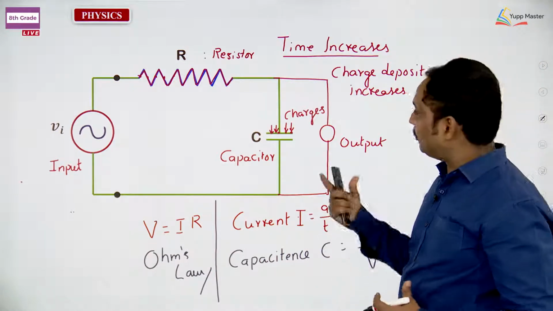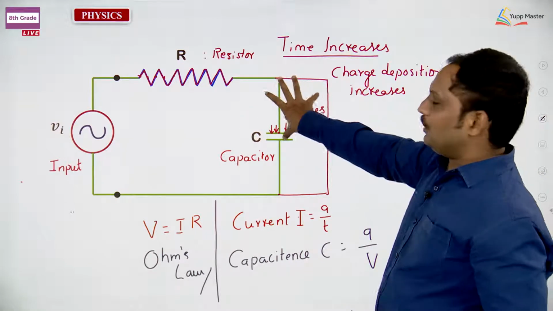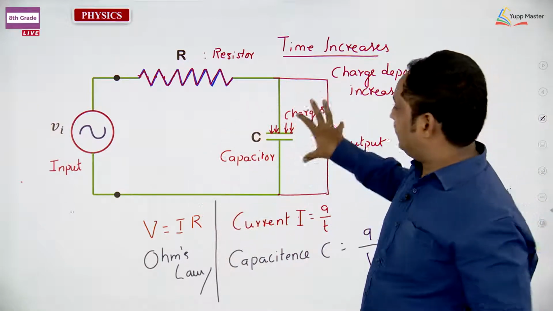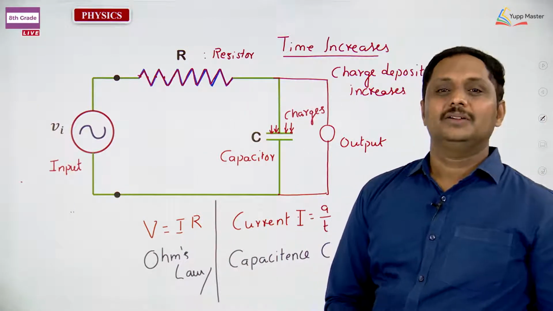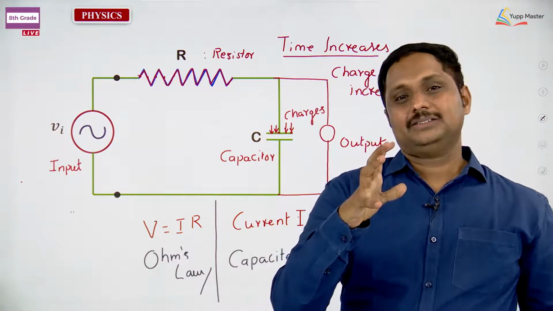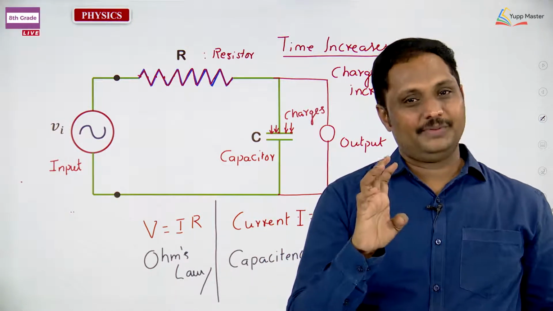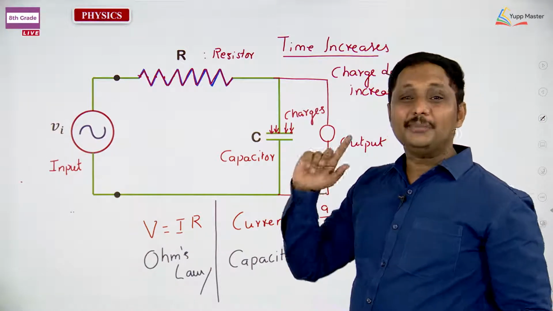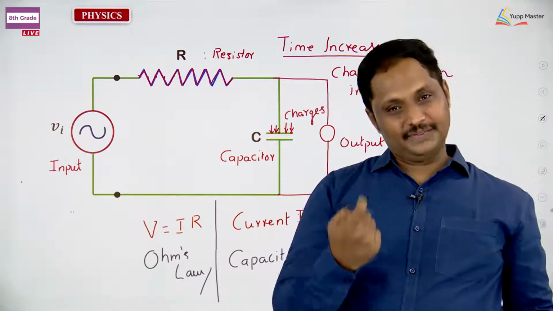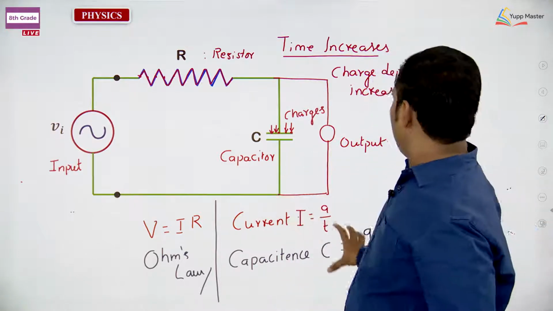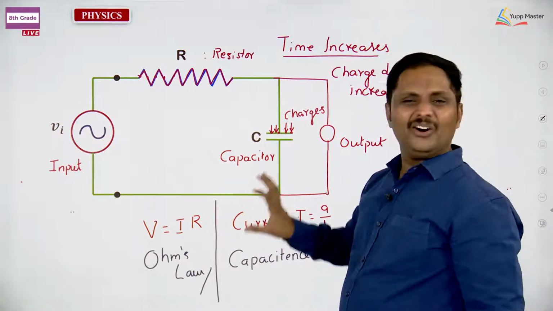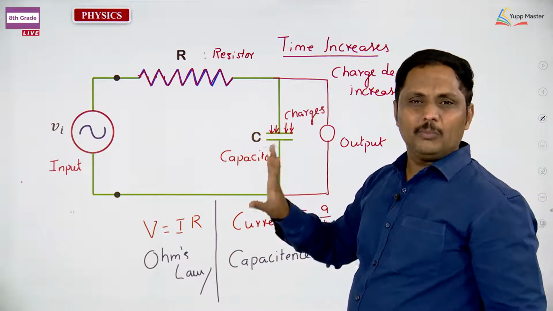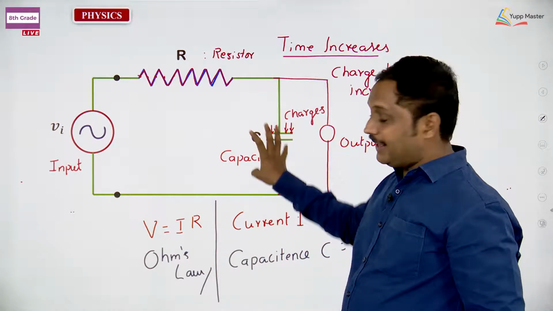Why are we going to discuss all this? Very simple. In this RC circuit, there are problems related to the dimensions of RC, the dimensions of IR, and some problems are designed based on this circuit.